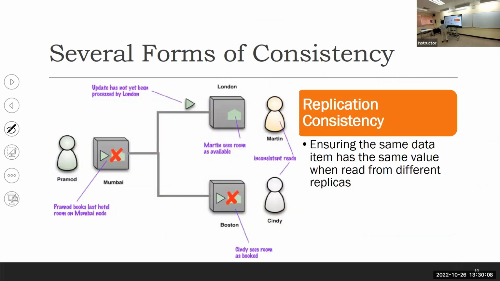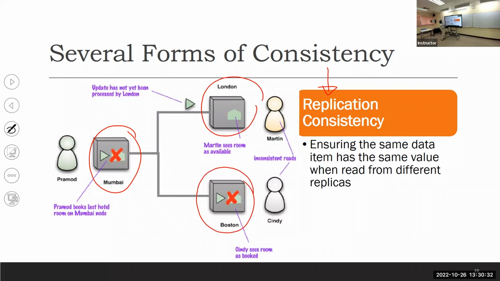And I think this scenario shows another form of consistency when there are multiple data replications. That is, we use peer-to-peer replication, for example, right? From last time, you have data in Mumbai, in London, in Boston.